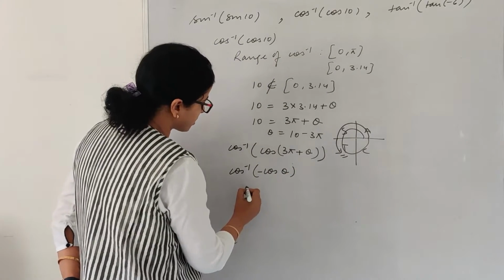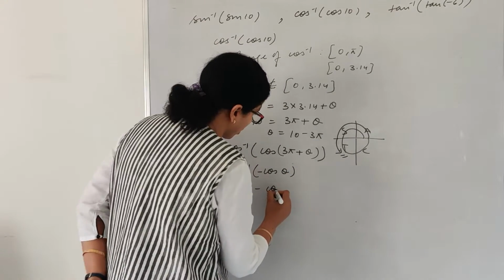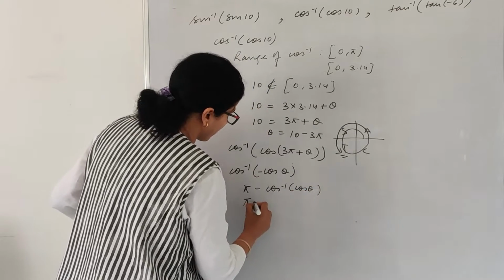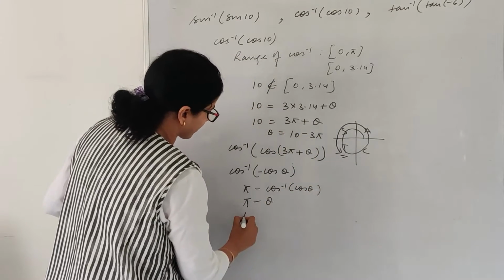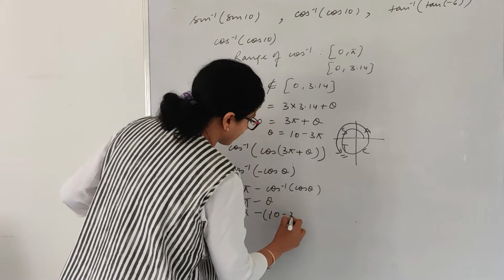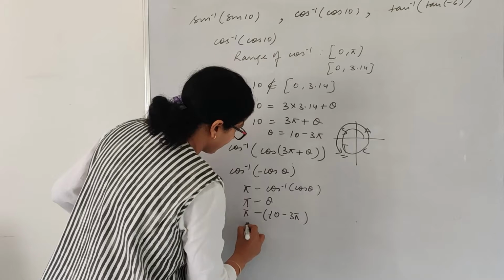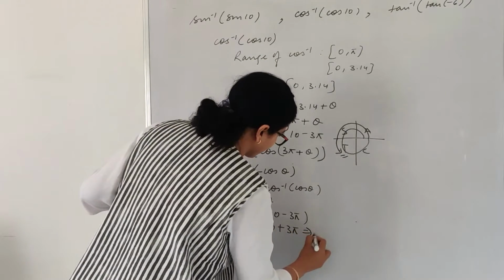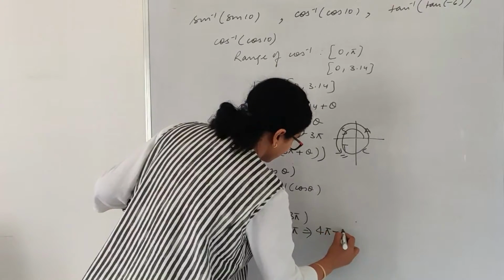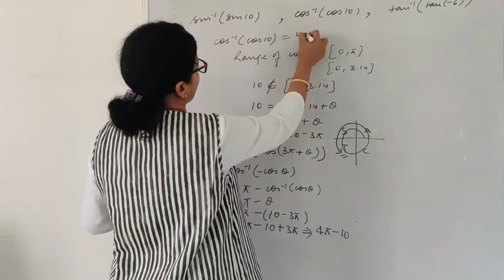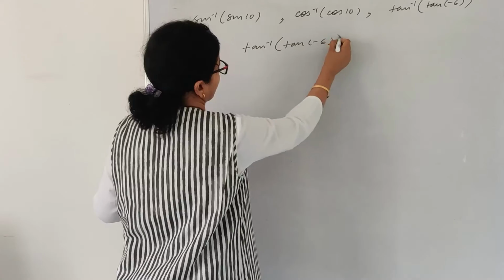Whenever it is minus cos theta, I can write pi minus cos inverse of cos theta, so pi minus theta. The value of theta is 10 minus 3 pi, so pi minus 10 plus 3 pi, which is equal to 4 pi minus 10. So cos inverse of cos 10 is equal to 4 pi minus 10.